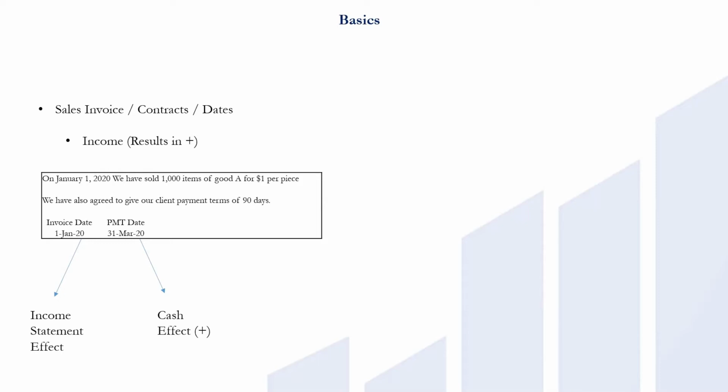However, my cash balance will not change right now because I did not collect any money. Thus, the cash effect will show later on. However, my income effect will show as of January 1st, but collection is something else. So please start to separate between the two terminologies, cash and income.